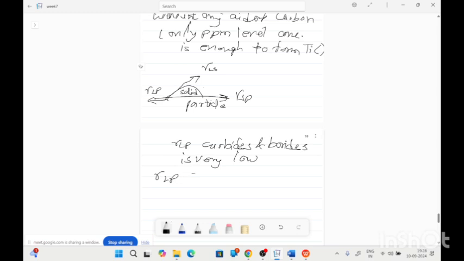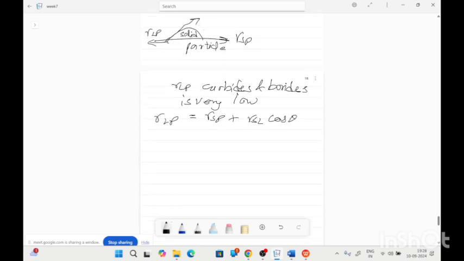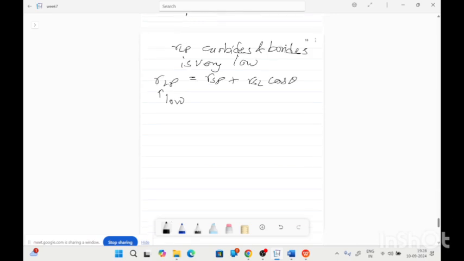And gamma LP can be written as gamma SP plus gamma SL cos theta. So for this alloy, this value is very low, and it is not a good inoculant because of the poor wettability.